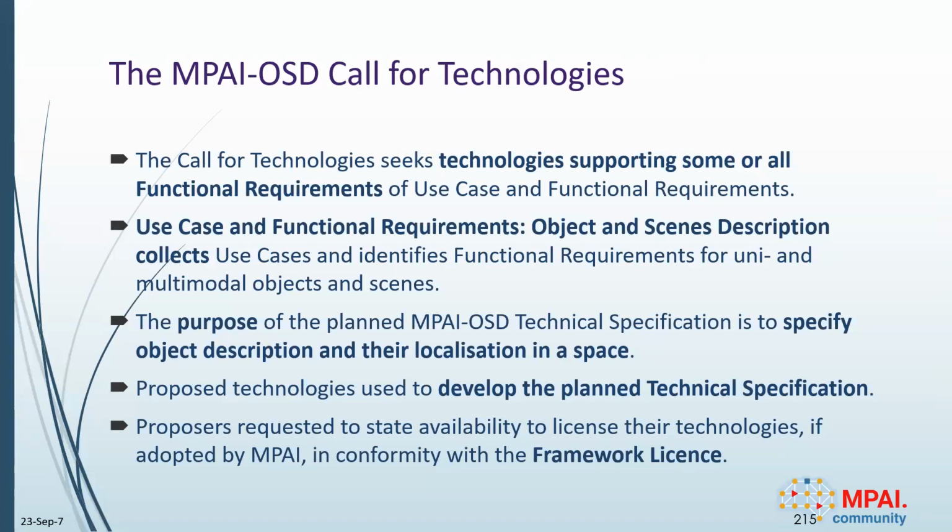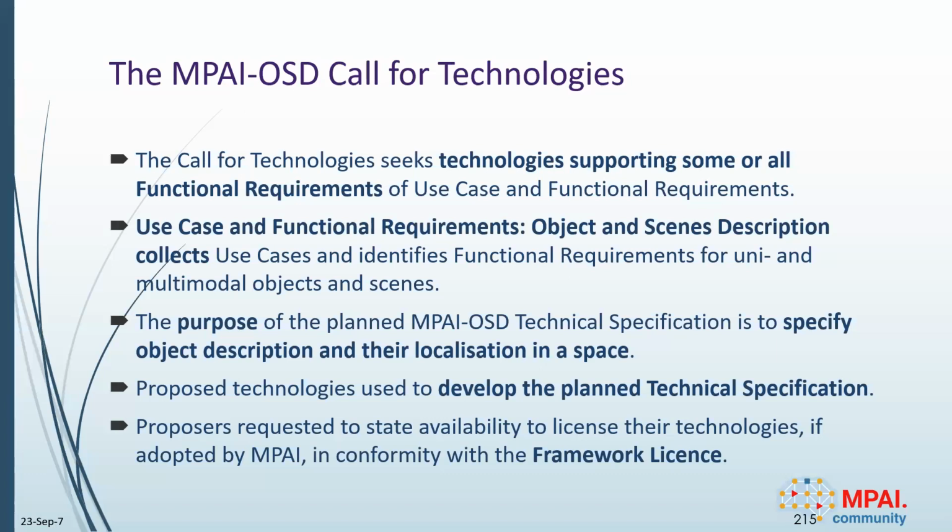So I said that this is a call for technologies, in the sense that this is a project. We don't have any standards. We want to develop a standard, and according to our process, we are calling for technologies. And we want to obtain a technology that supports some of, preferably all, the functional requirements of a document that is called use cases and functional requirements, which identifies functional requirements for unimodal and multimodal objects and scenes.